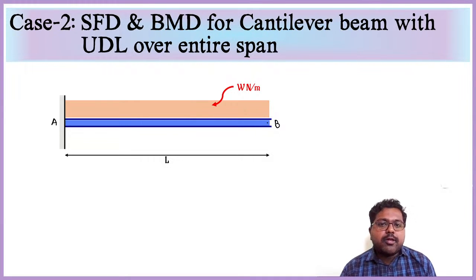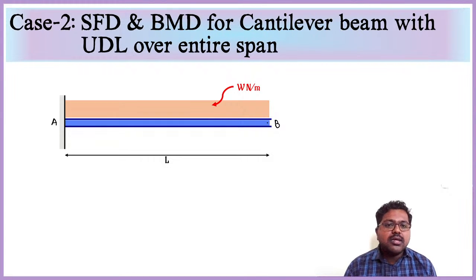So W newtons are acting per meter length. This is the condition given. We need to find the shear force and bending moment at this section.